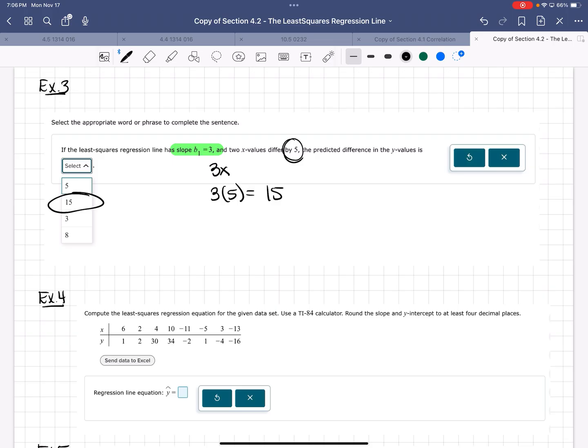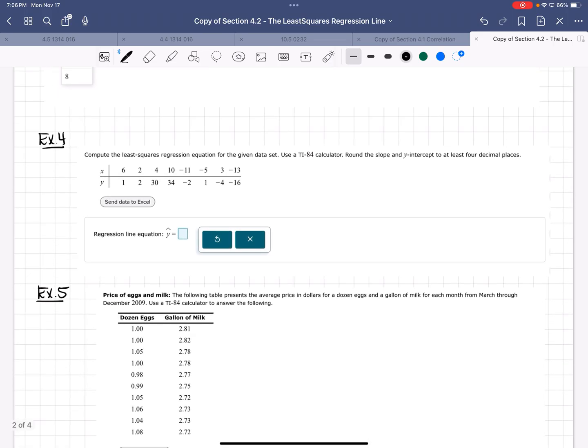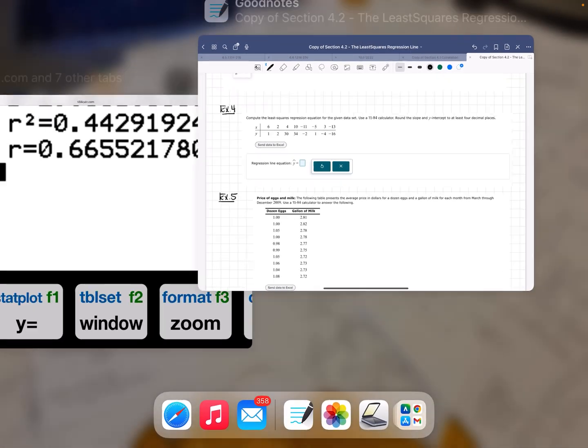All right, example 4. We want to compute the least squares regression equation for the given data set. We're going to use an 84 calculator, round the slope and y-intercept to at least 4 decimal places. All right. So I'm going to go back over here to my calculator.